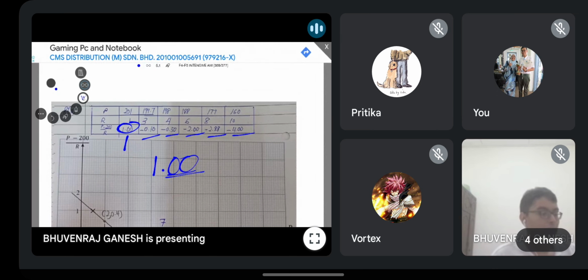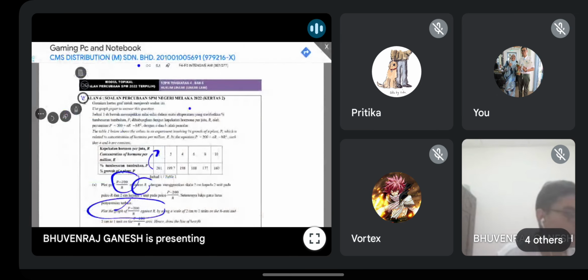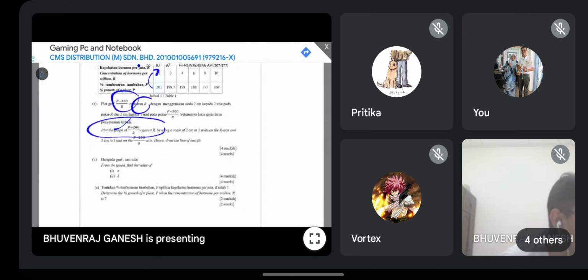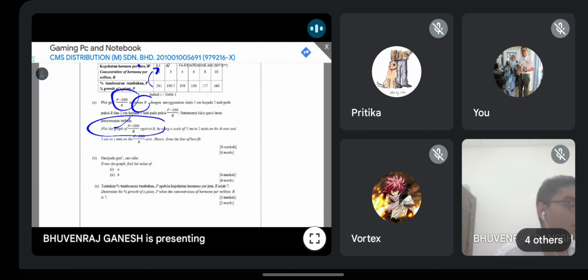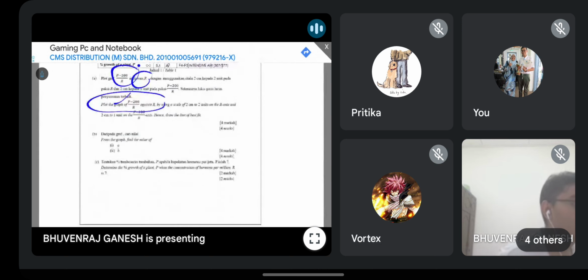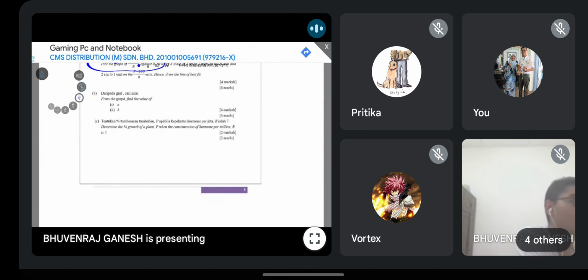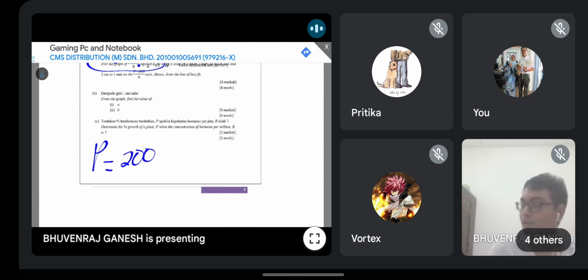Okay, and then the next question is you must find the A and B. So basically you must convert the equation now. Your equation is quite unique: P equals 200 plus AR minus BR square.